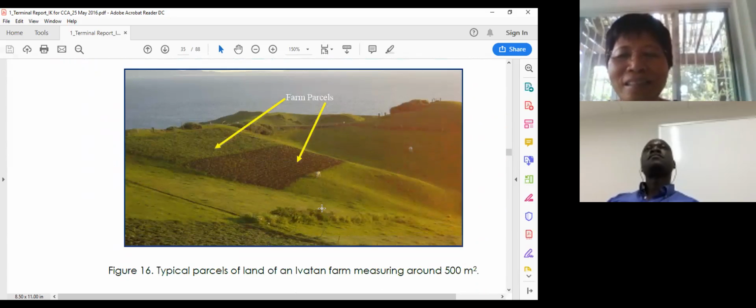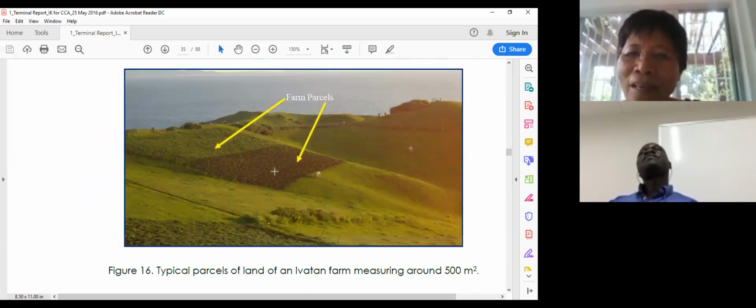Farm puzzles. That is an adaptation strategy too. They plant a different crop here and they plant another crop here. Why is it done that way? They don't plant the same crop in one parcel. They divide the farmland into different parcels and they plant different crops. They said that if, for example, this crop dies during wet season, this one will remain strong. They won't go hungry.